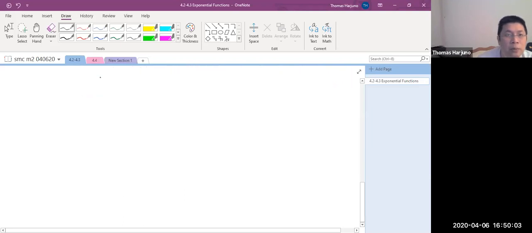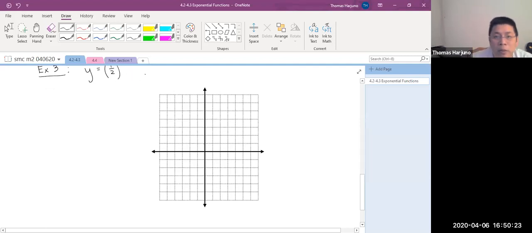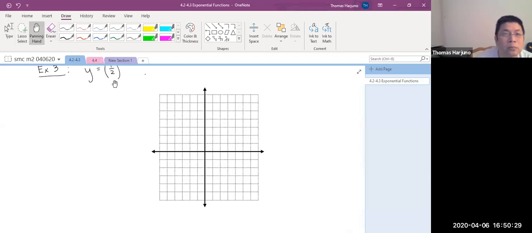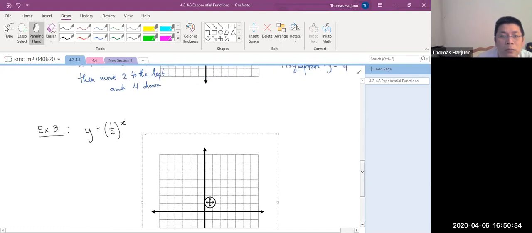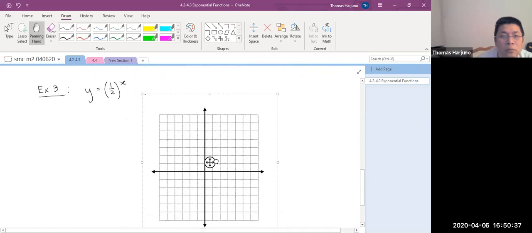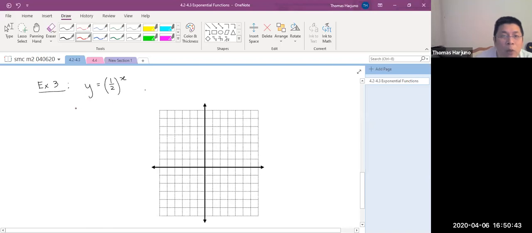Let's say, for example, we have y equals 1/2 to the x. What is the y-intercept?